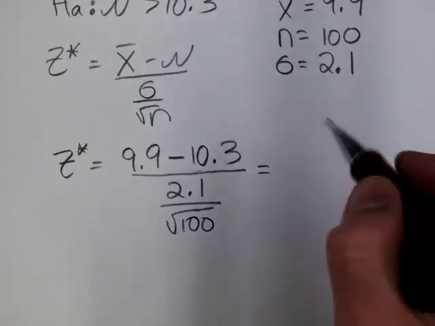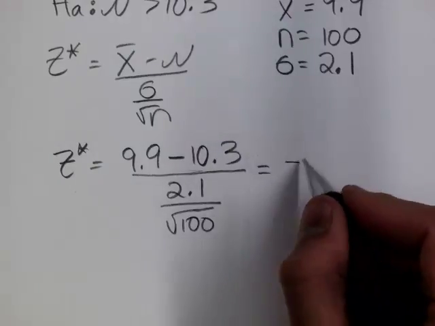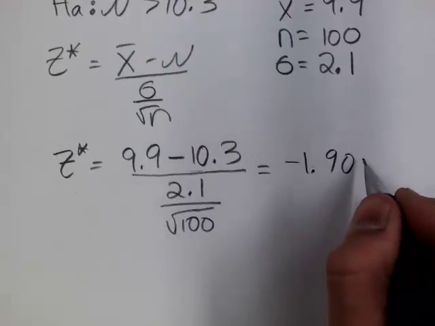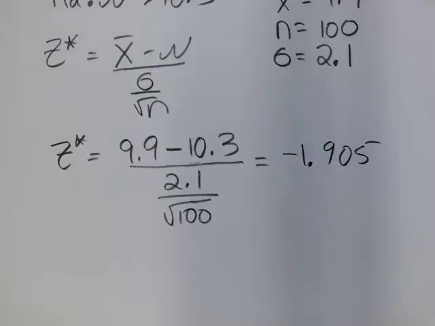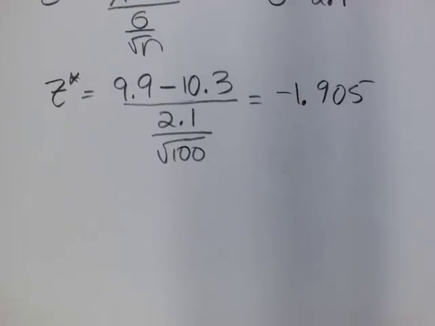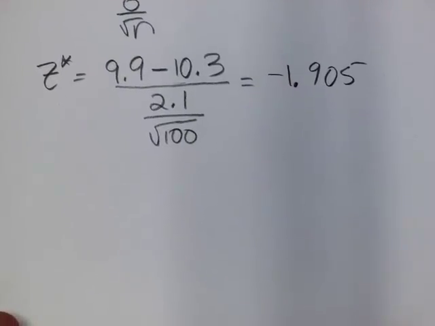Did you guys get negative 1.905 approximately?